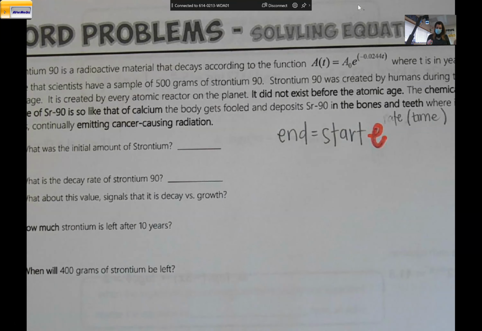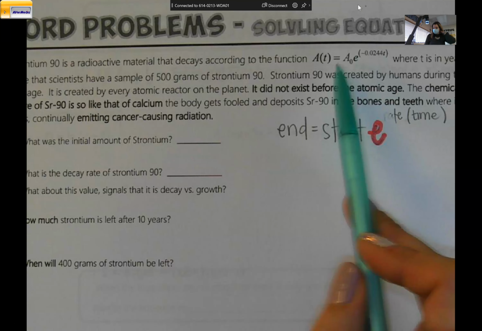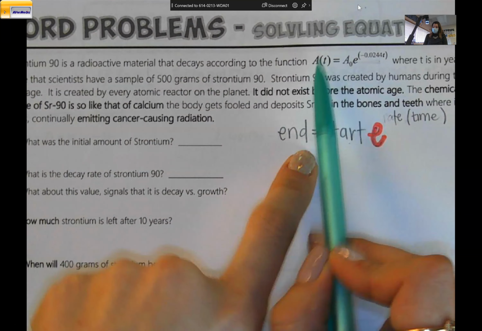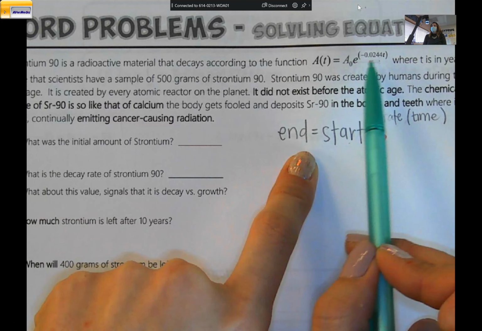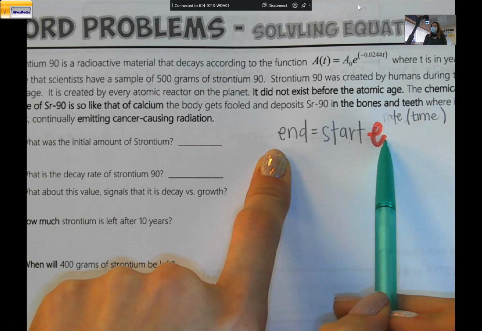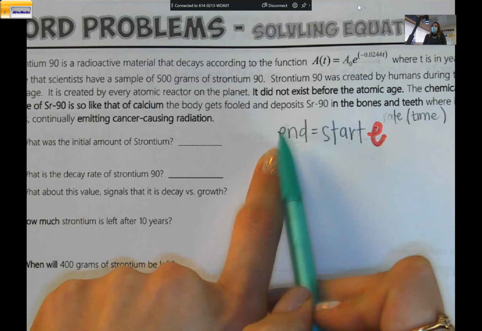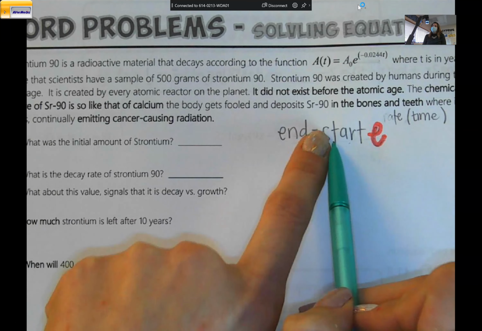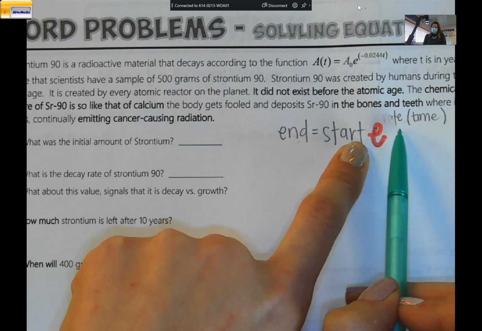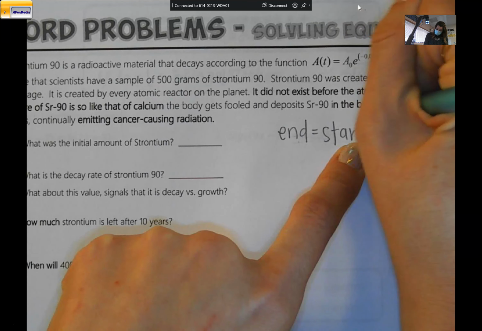Strontium-90 is a radioactive material that decays according to this function here. This A of T, A of 0, is the same as what I just wrote down here. It's your end amount equals your start amount times E to the rate.